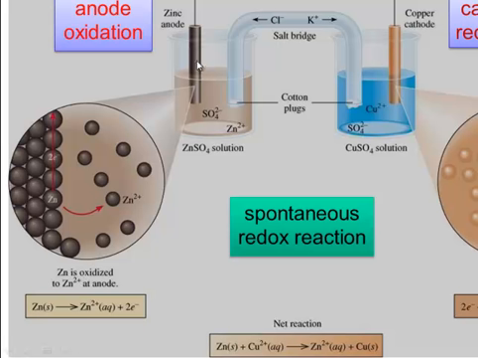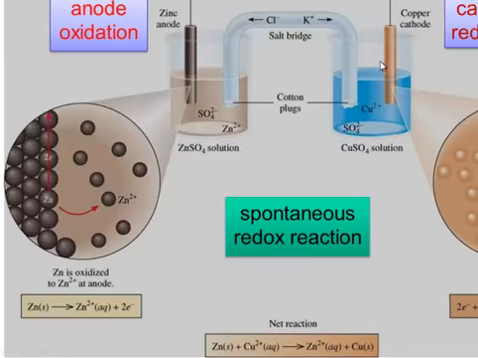So basically the zinc rod becomes electron rich. This reaction is an oxidation reaction and therefore this electrode qualifies to be the anode, as at the anode oxidation reaction takes place. So the basic definition of an anode: it is an electrode at which oxidation reaction takes place.